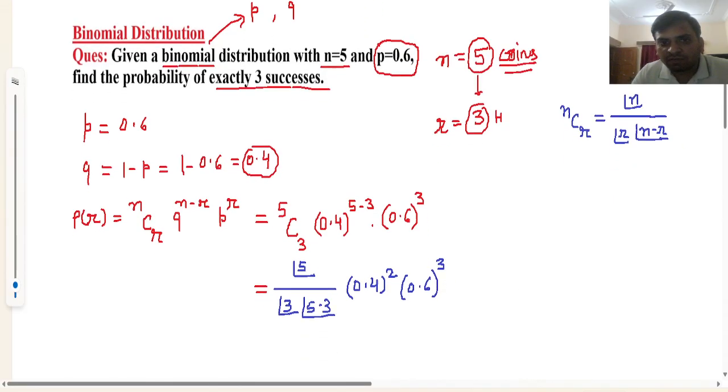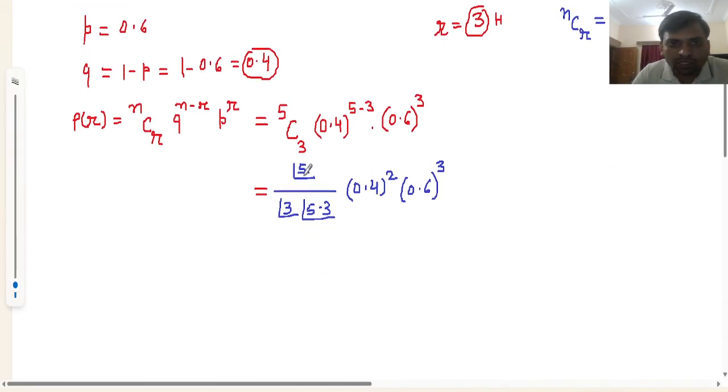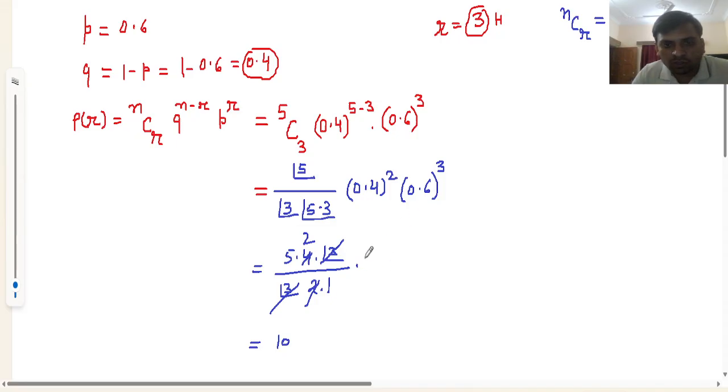When we solve this, factorial 5 can be written as 5 into 4 into factorial 3, and this is factorial 3 as it is, and 5 minus 3 is factorial 2, which can be written as 2 into 1. Now factorial 3 cancels with factorial 3, and 2 into 4 is 8, so 5 times... 10, and we will solve these two also.